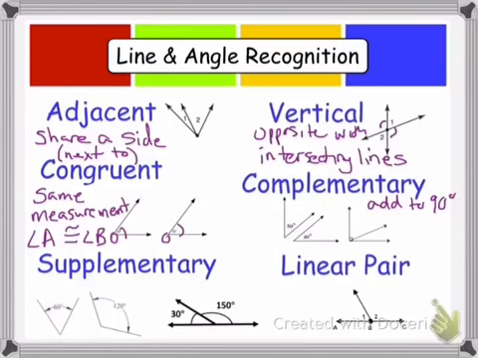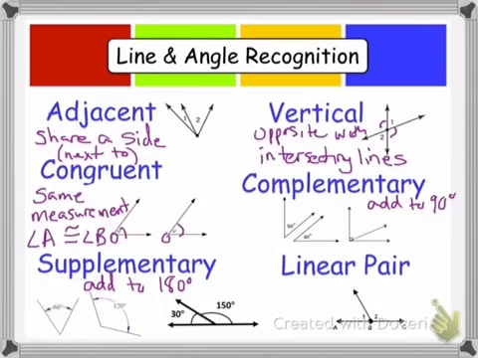Thinking of that other word we talked about, adjacent angles that are complementary as well. Supplementary, they add up to 180. Same kind of idea there. It shows you two different examples of them touching each other, being adjacent, or just separate angles that add up to 180.